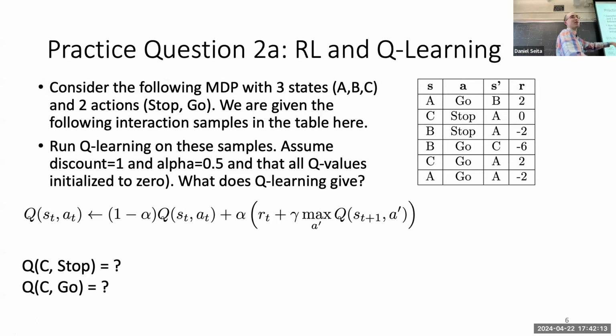Run online Q learning on these samples, and assume that the discount is 1 to make the math simpler, and that alpha is 0.5. What does Q learning give for these two?